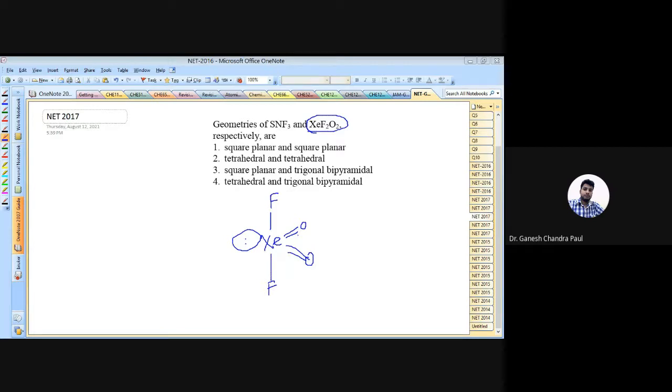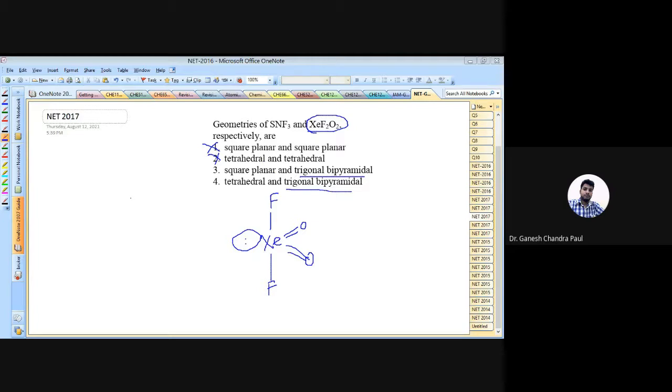And what about SNF3? What is the geometry then? It is trigonal bipyramidal. You can see option 3 and option 4 are matching. So you cross the first and second options. The trigonal bipyramidal is matching with XeF2O2.